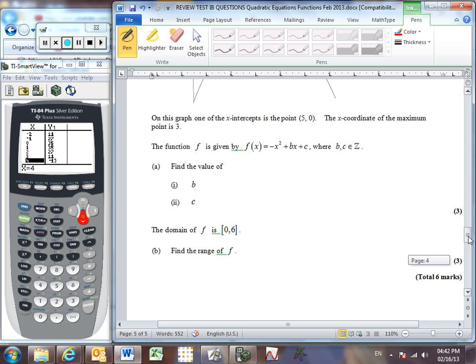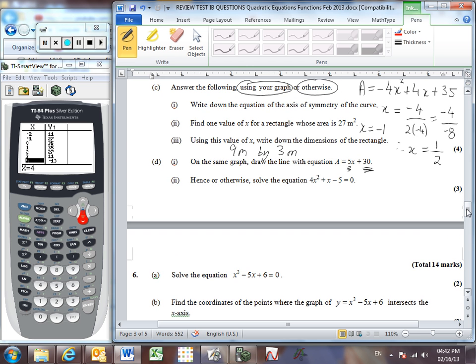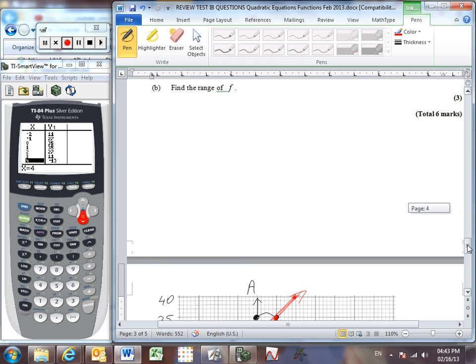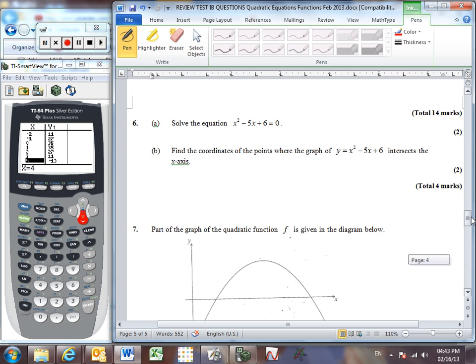Right, almost done. Lastly it says, "hence, or otherwise," so we've got a choice of methods here, solve the equation 4x squared plus x minus 5 is equal to 0. Well, there's one very easy solution I can see on the graph. I actually haven't explained something yet, sorry.